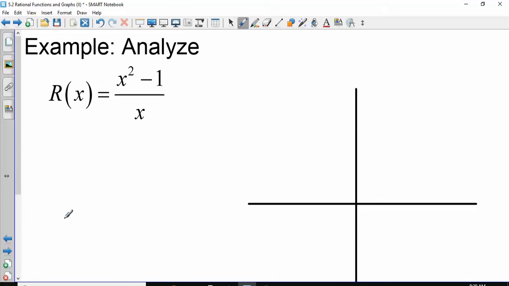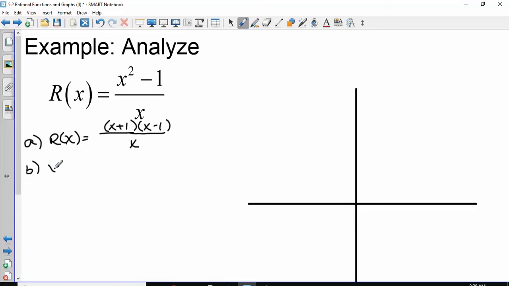Okay, so first step, factoring. X squared minus 1, difference of squares, breaks into x plus 1, x minus 1. Down the bottom is just an x.